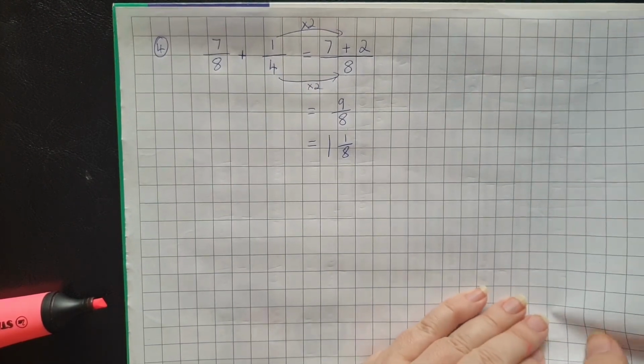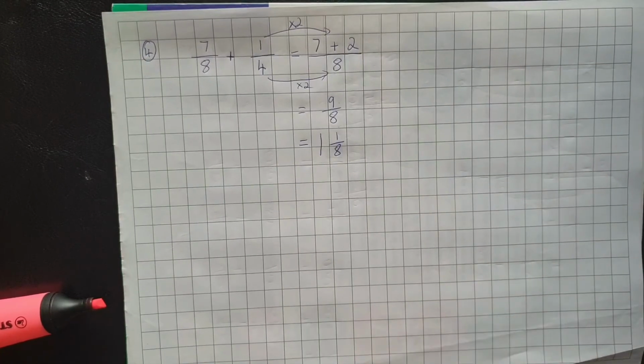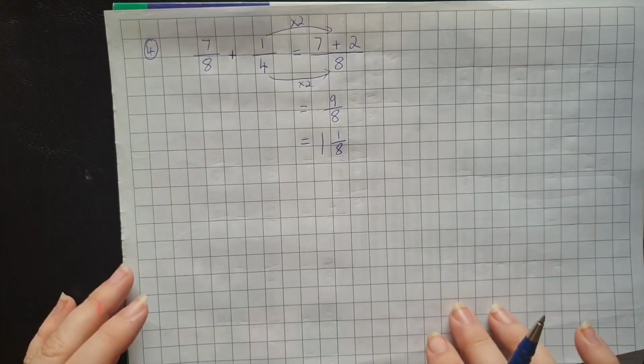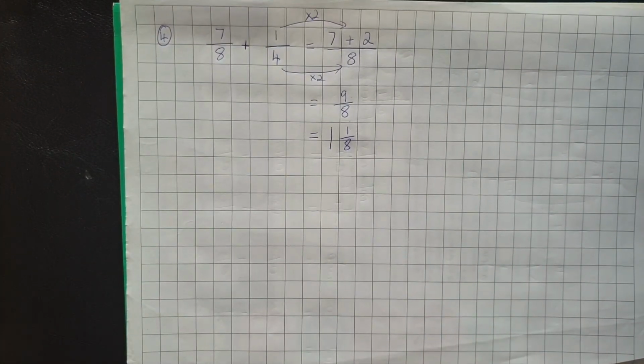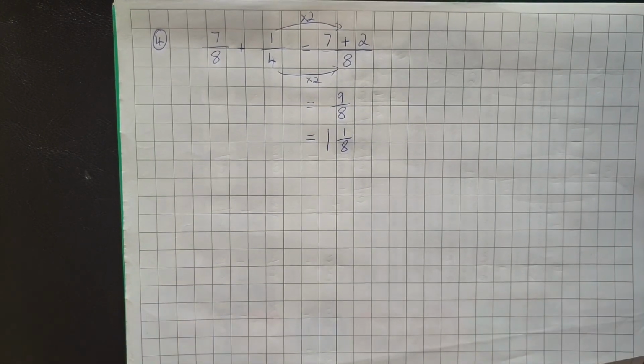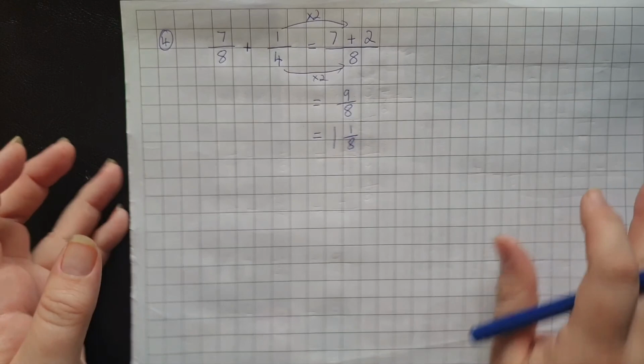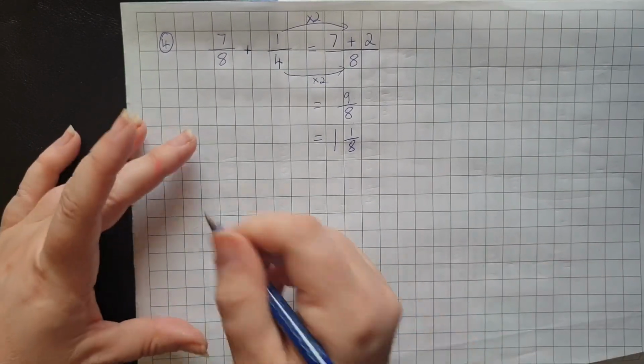The final set of questions I'm going to be looking at today are ones where the connection is not clear. The connection does not immediately spring to mind. So what we can use for this is what is called a cross multiplication method.